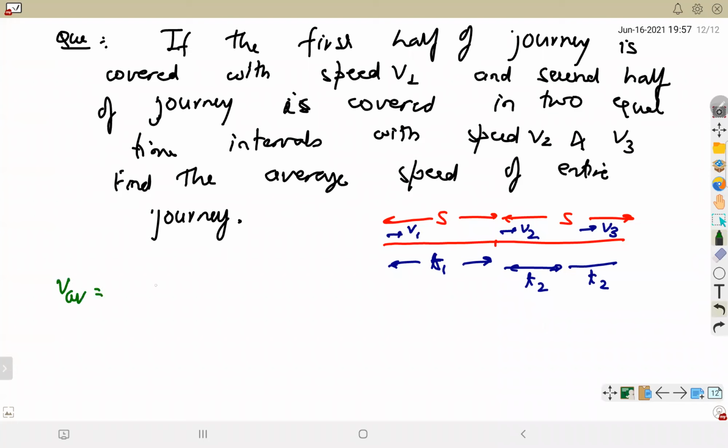Average speed is total distance divided by total time. Total distance of this journey is 2s.